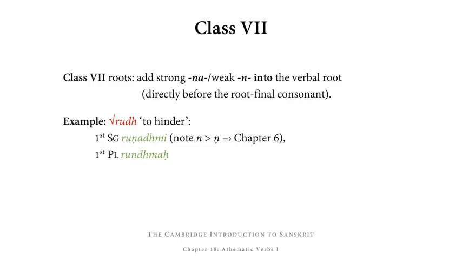So we here get a first singular runadmi, again with a change from n to n, and a first plural rundmach. So again, it's before the final consonant of the root, in this case dh, that strong forms add na and weak forms add n.